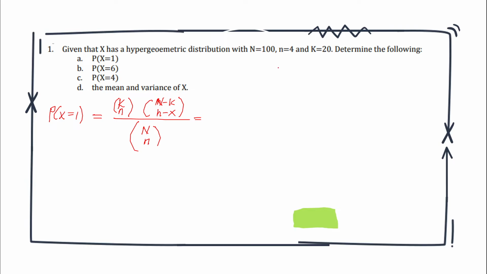The given here is K equal to 20, so we'll just substitute 20. And what is our n, which is 4? Okay, so this is the deduction. N minus K, where N is 100 and K is 20. And n minus x, where n is 4, minus 1.